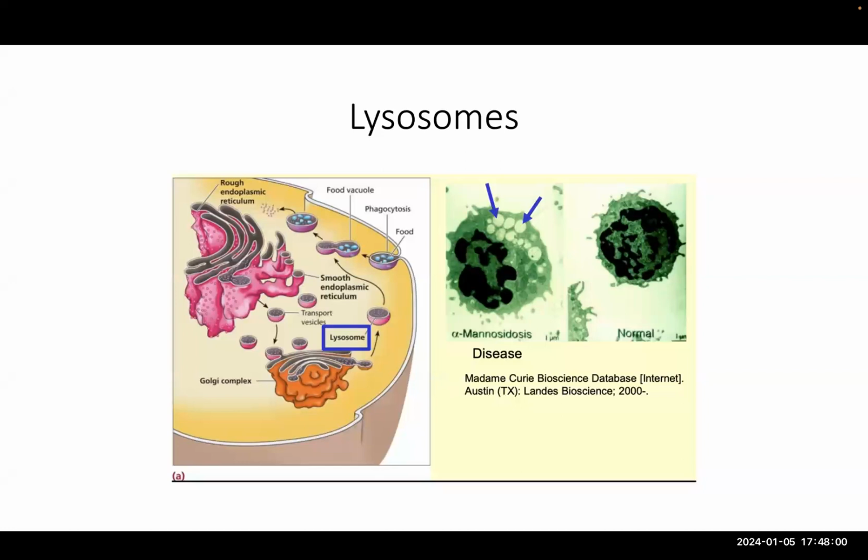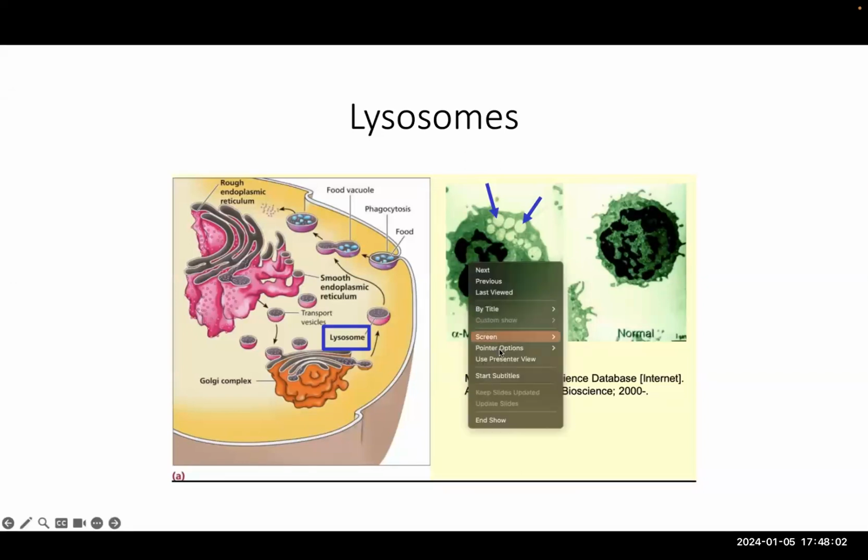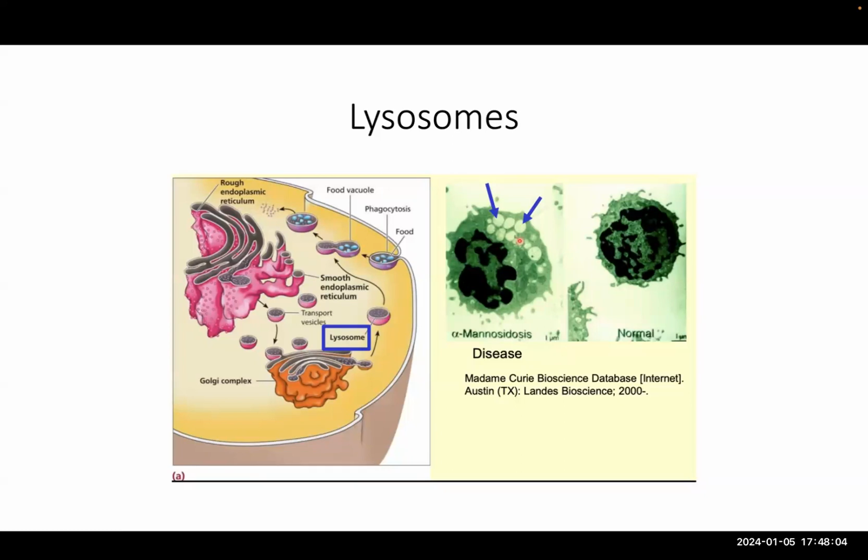And on the left is a cell showing a lot of these empty spaces, and this is the person who has the disease. These little clear spaces are the lysosomes filling up with different compounds that can't be broken down because the person has a genetic disorder, which means their body cannot make the right enzyme. So this is an example of lysosomal storage disease.